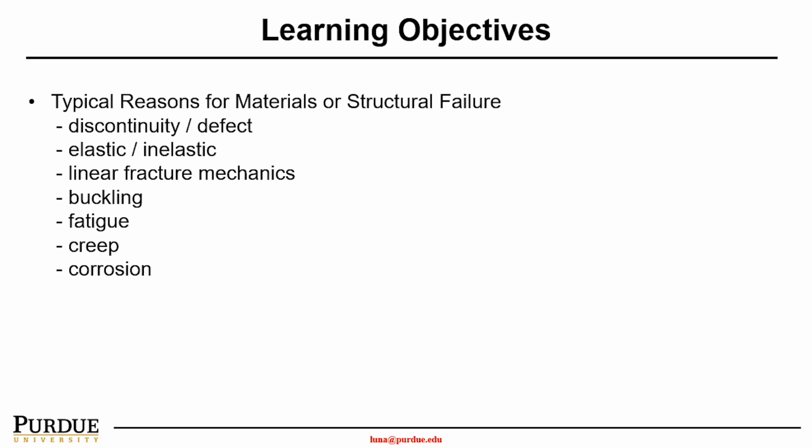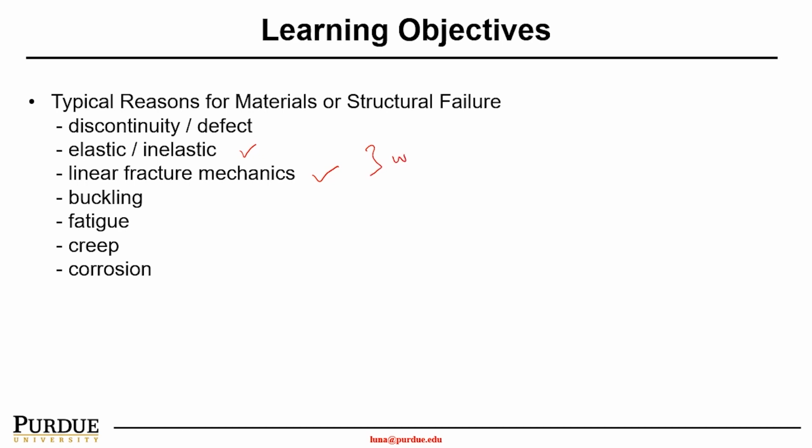With that, this lecture will cover some of the primary reasons for material and structure failure, including discontinuities or defects. We will spend 1 week to discuss elastic and inelastic mechanics, and then we'll talk about linear fracture mechanics in week 2.